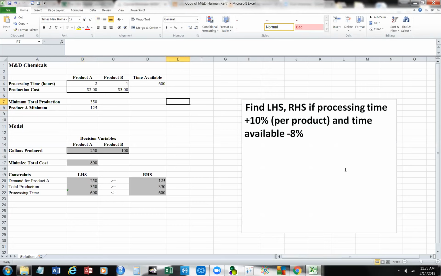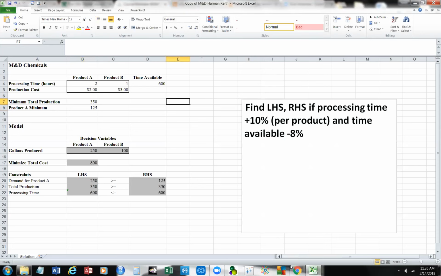And it's pretty typical. There may be times where I have surplus time, where the time available, instead of decreasing by 8%, increases by 8%. And so this is telling us something about the conditions within M&D Chemicals.